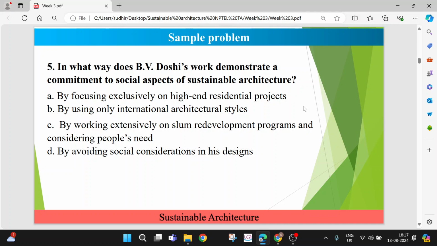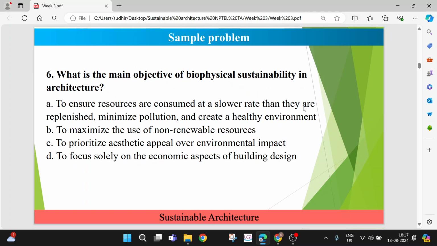Try to give the answer to this question number 6. Let's see how many of you can answer it if it is asked in the exam. Answer A. What is the main objective of biophysical sustainability in architecture?